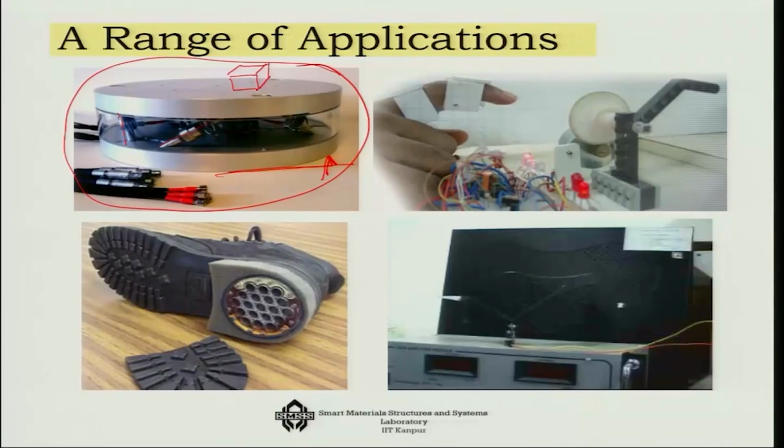How do you stop it? Well, one way is this: suppose the base is getting excited at a particular frequency. Now you want to design these legs in such a manner that they are completely detuned from this frequency.